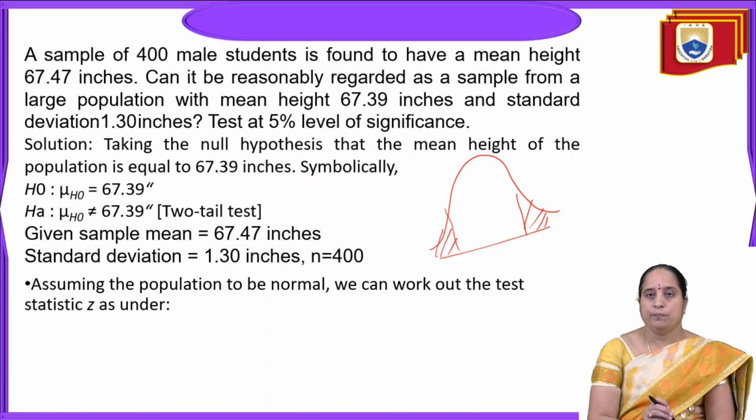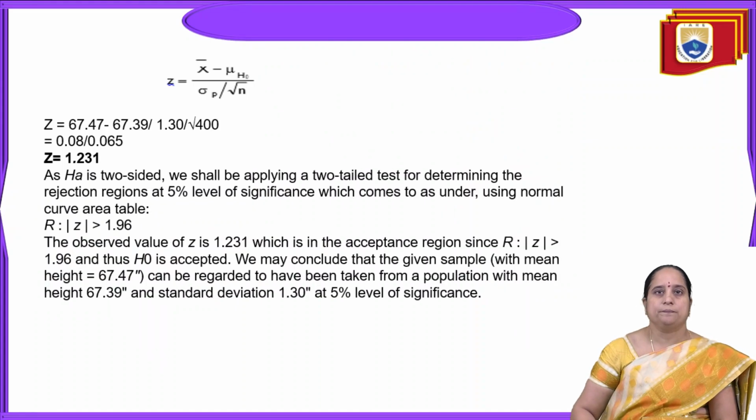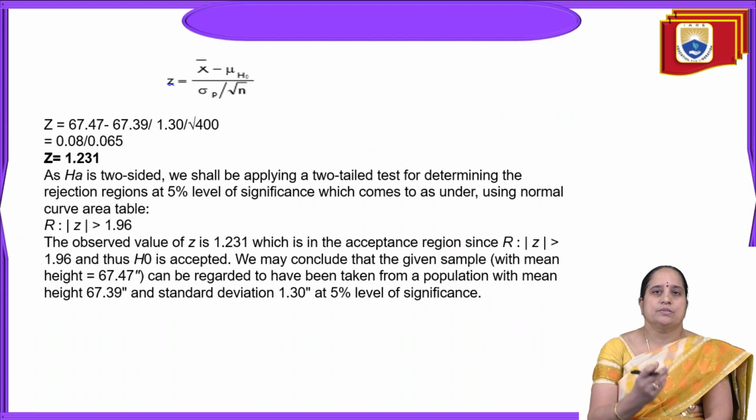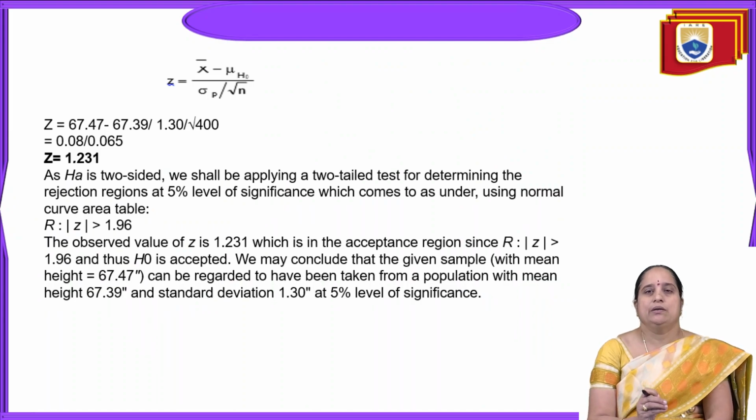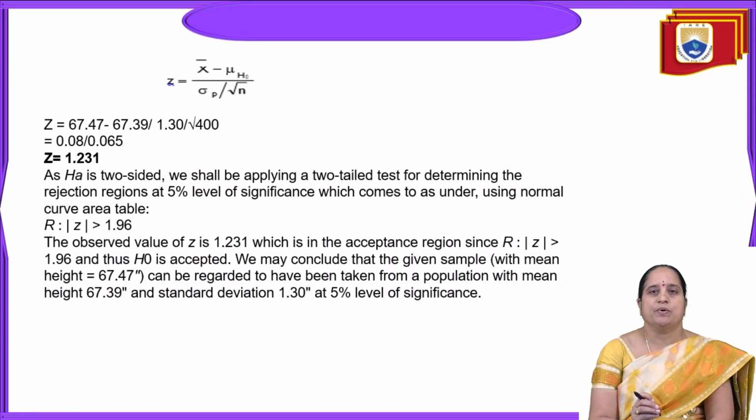Assuming the population to be normal, we can work out the test statistic Z as under. Substitute the values in the given formula. Z is equal to sample mean minus hypothesized population mean divided by population standard deviation divided by root n. So we got the test statistic Z is equal to 1.231.